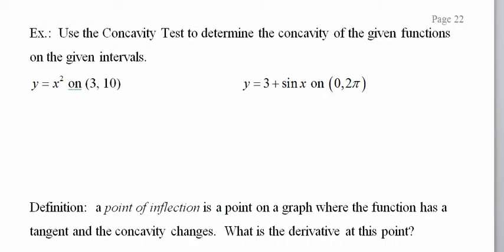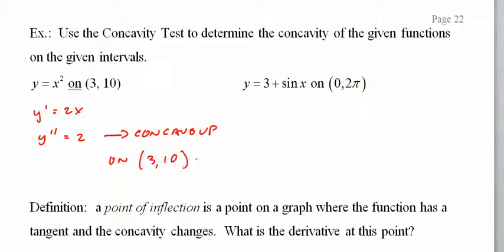So, what's going on here on the functions? y prime equals 2x, y double prime equals 2. This is concave up, because it's positive, on 3 to 10. I gotta make sure I say it right. Yeah. In the interval, here we don't include the endpoints.